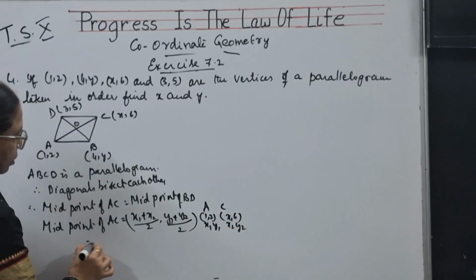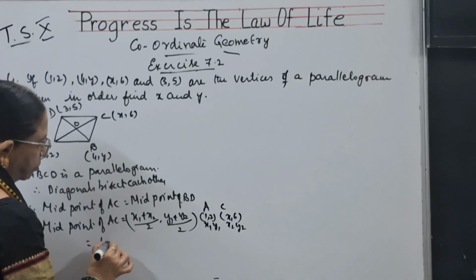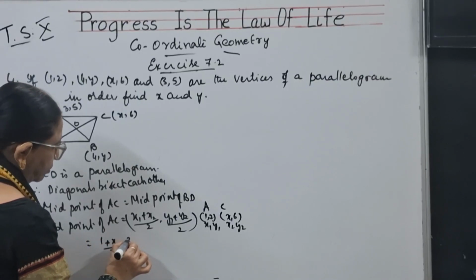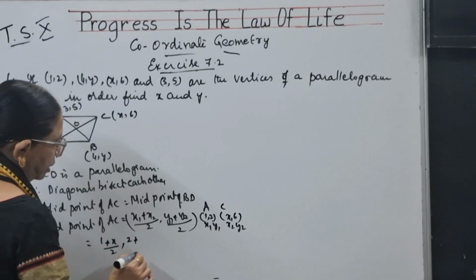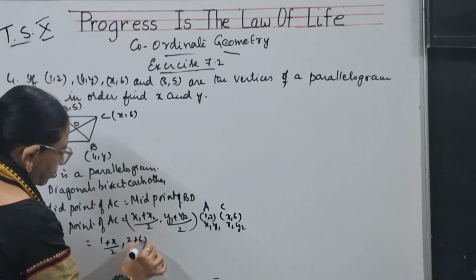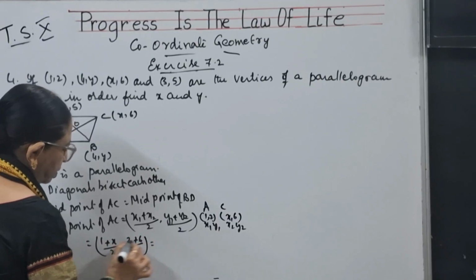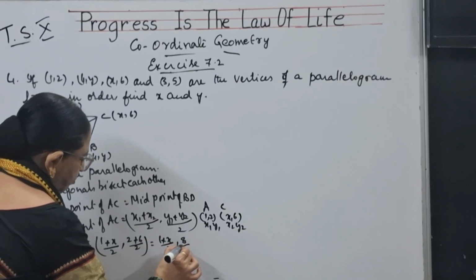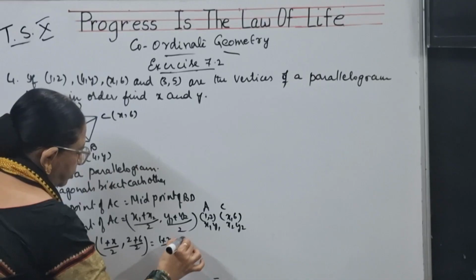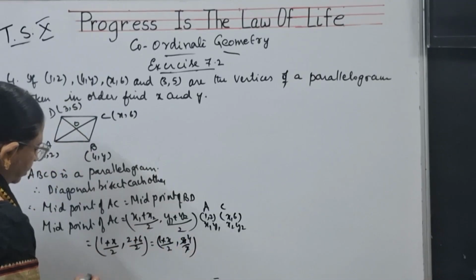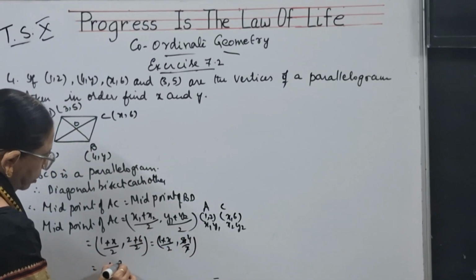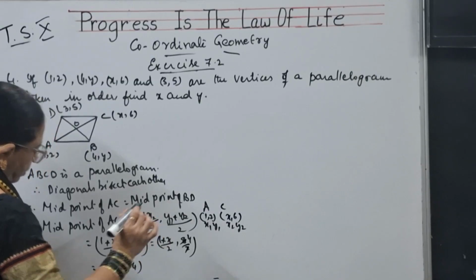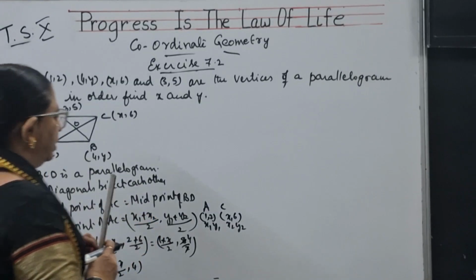So this is equal to ((1 plus x) by 2, (2 plus 6) by 2). This means what, children? ((1 plus x) by 2, 8 by 2). 8 by 2 means 4. So we will be saying this as ((1 plus x) by 2, 4). This is midpoint of AC.